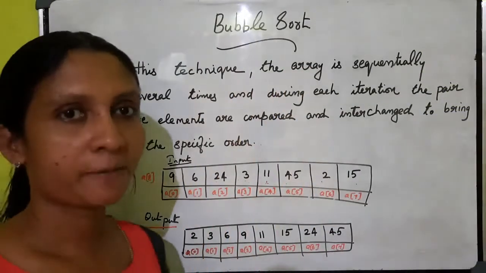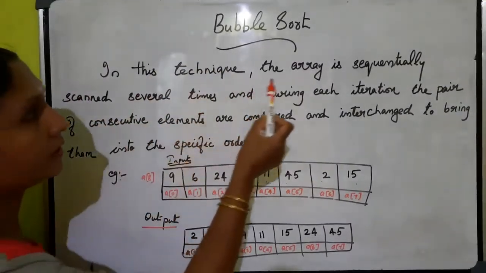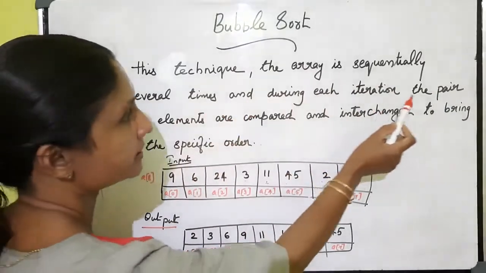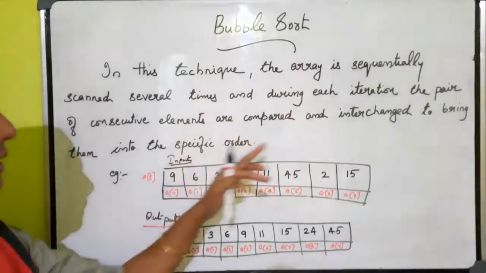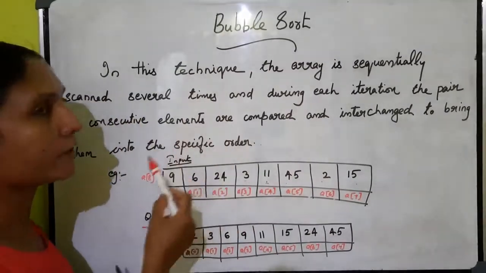What is meant by bubble sort? In this technique, the array is sequentially scanned several times, and during each iteration, the pair of consecutive elements are compared and interchanged to bring them into the specific order.